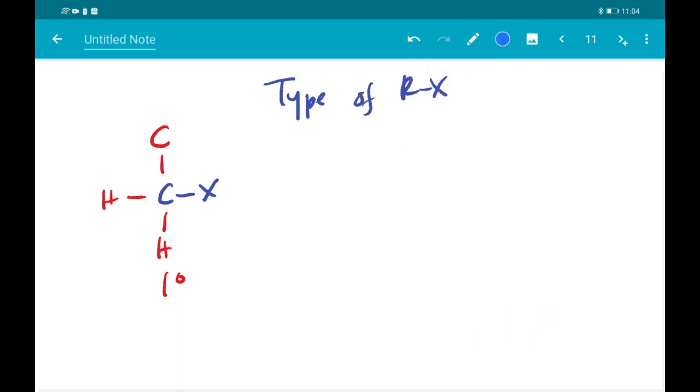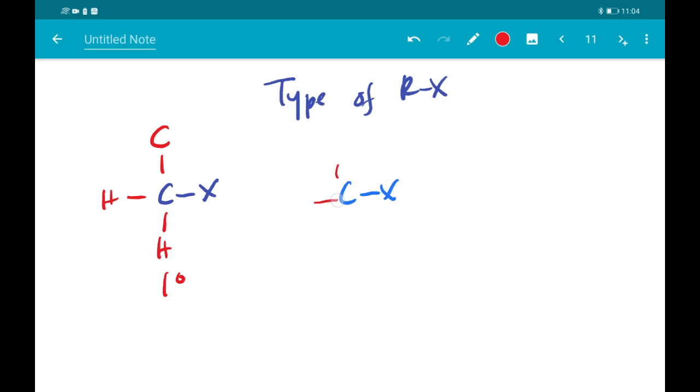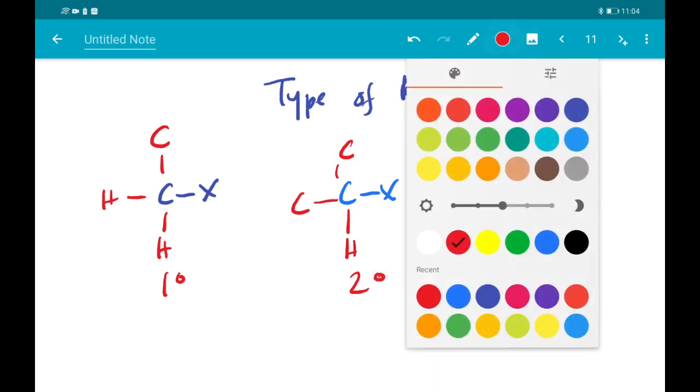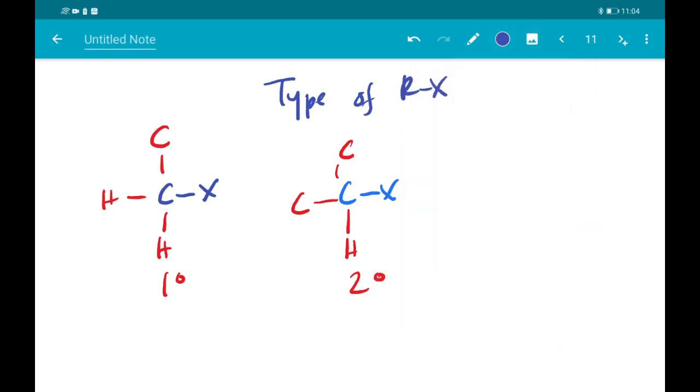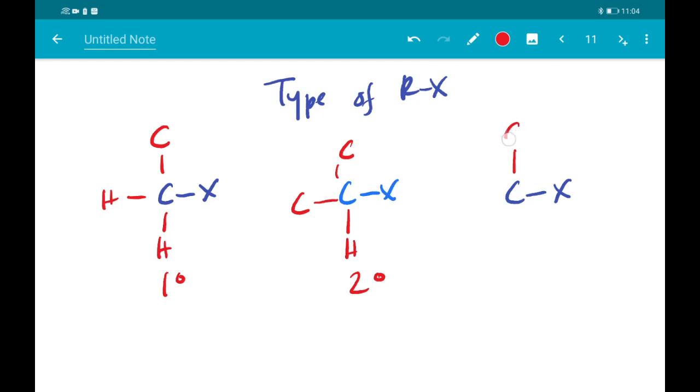The second one, if we have CX and the carbon having 4 bonds, including the X, if it is attached to 2 carbons, this will be considered as the secondary. And finally, if we have a CX and all the other bonds are attached to a carbon, meaning that this will be a tertiary.